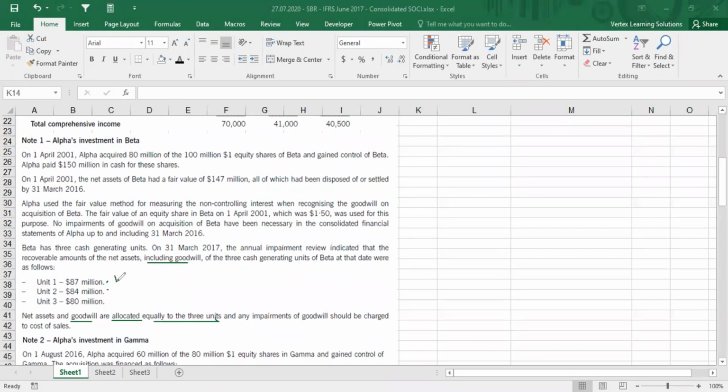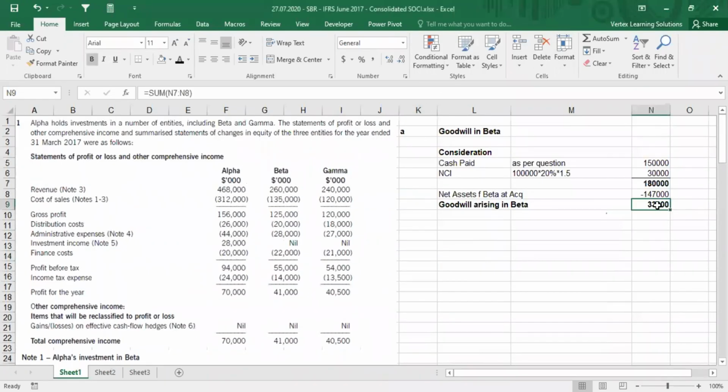So you can add 11 million in unit A, 11 million in unit B, 11 million in unit C. But that is what we need to do later on. So this goodwill of 33 million actually belongs to 3 cash generating units.